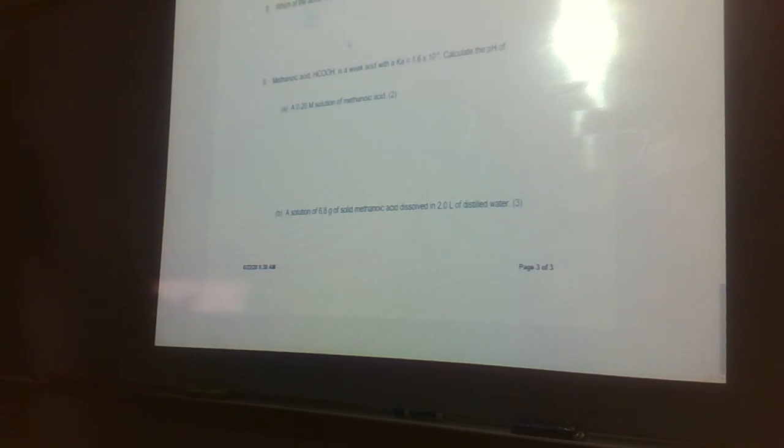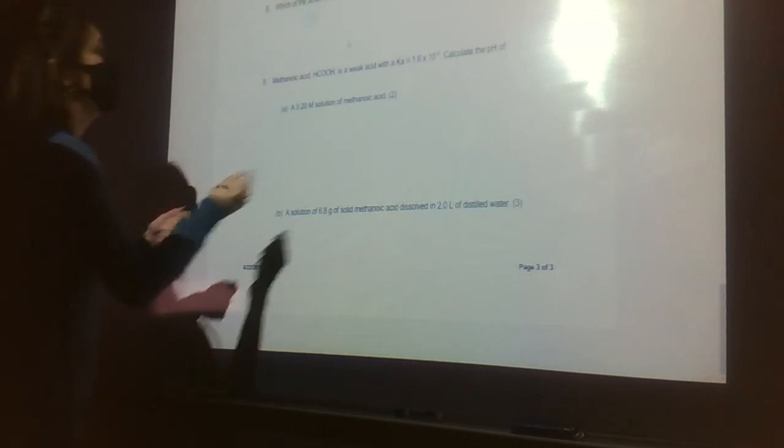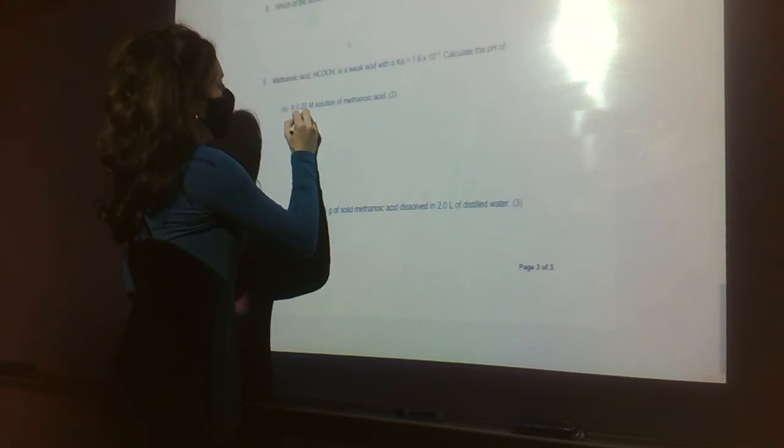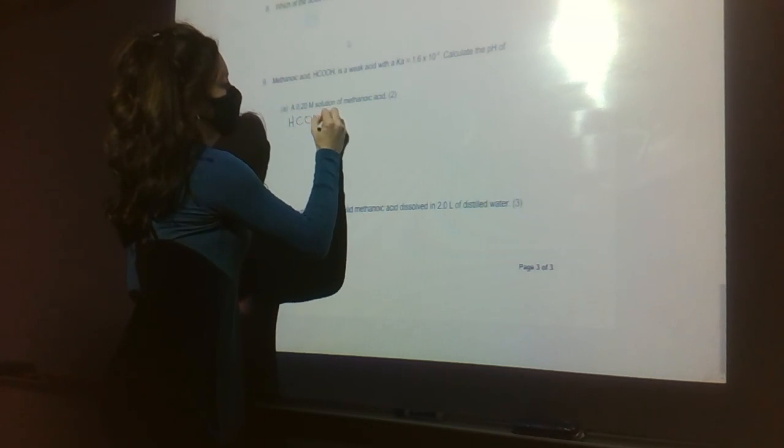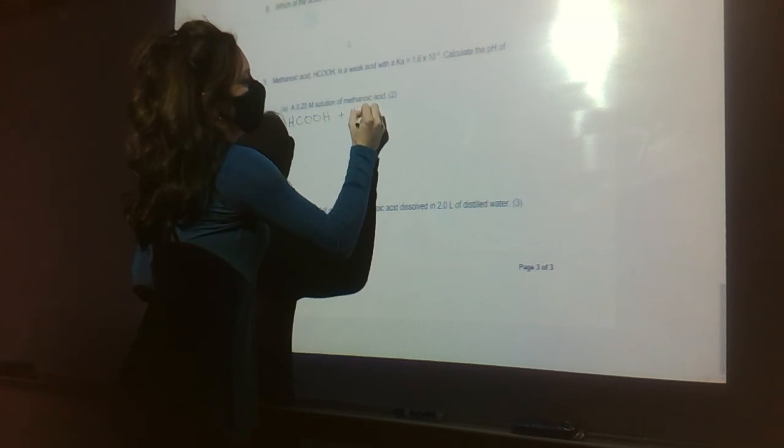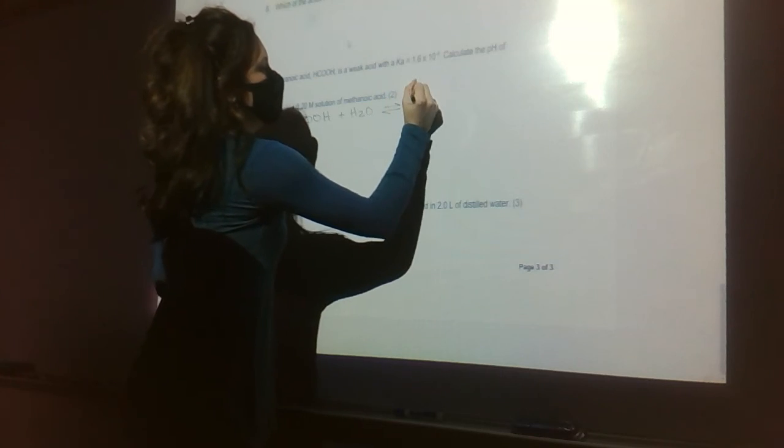Number 9, methanoic acid, HCOOH, is a weak acid with a Ka of 1.6 times 10 to the negative 4. Calculate the pH of a 0.2 molar solution of methanoic acid. So, weak acids do not completely dissociate in water.